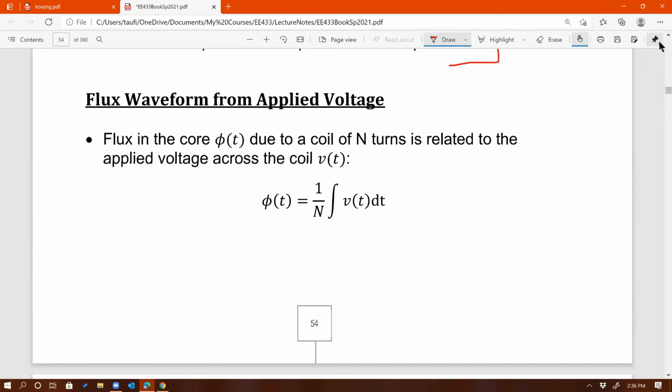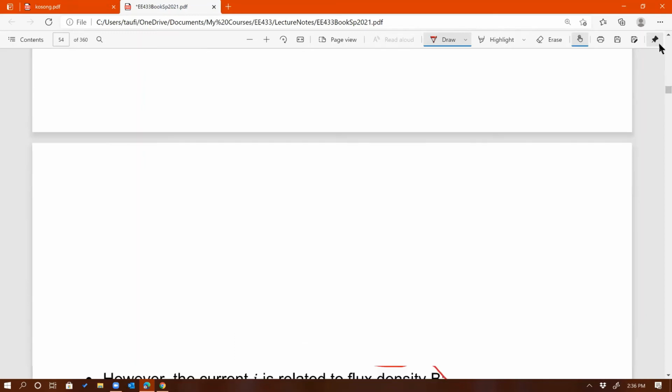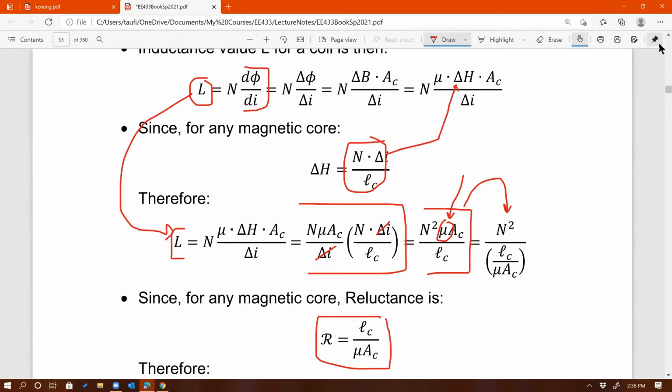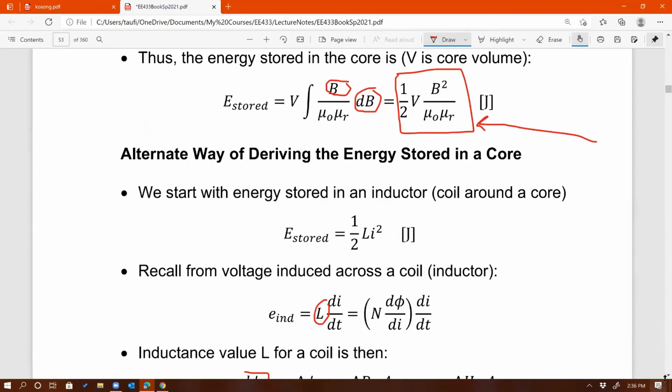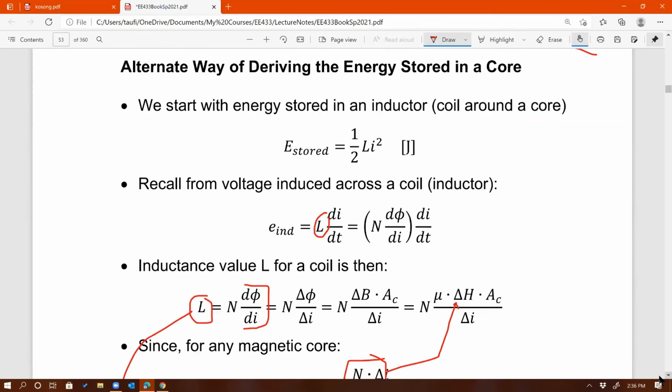How was it again? Voltage induced is equal to n d flux dt, I believe. Let me go back. I have that somewhere. Right here. So voltage induced is equal to n d flux over dt.